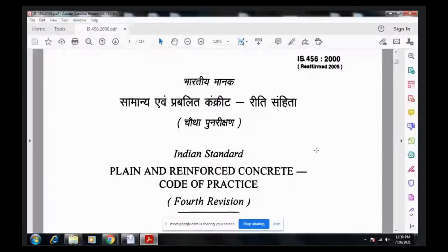Because unless you know what exactly you are aiming at, you will not be compatible with the client's requirement or your company's requirement. That is nothing but their activity.